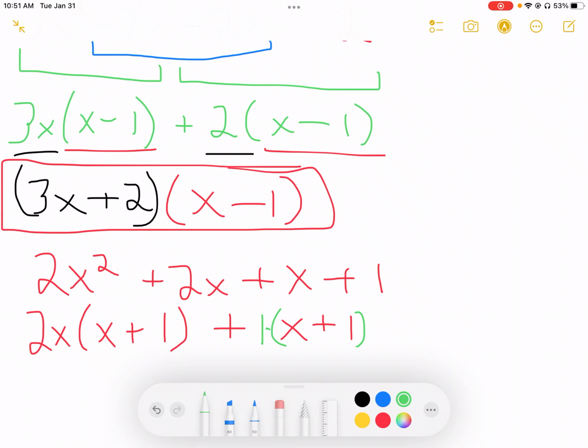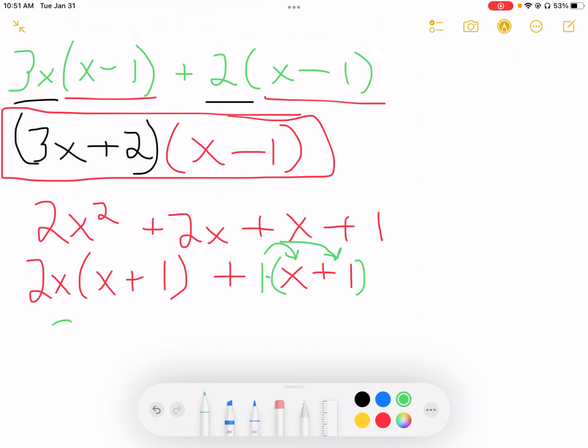So I go ahead and say, okay, well then that would be like doing this distribution again, okay? So then I could write 2x plus 1, so that's my 2x right here, my plus 1 there, and then I could write x plus 1. Okay, that's a little diversion there, but hopefully you guys can see what I did there.